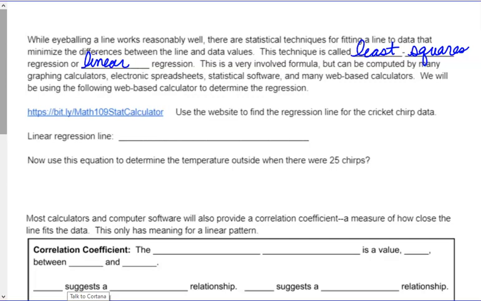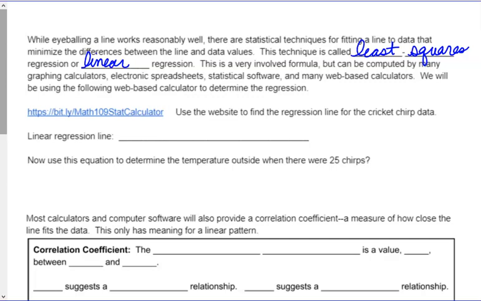Least squares regression, or a lot of people refer to that as linear regression. Now, this is a very involved formula that I'm not going to go into, but it can be computed by many graphing calculators, spreadsheets, statistical software, and many web-based calculators. So we will be using a web-based calculator for this, unless you want to just use your calculator.